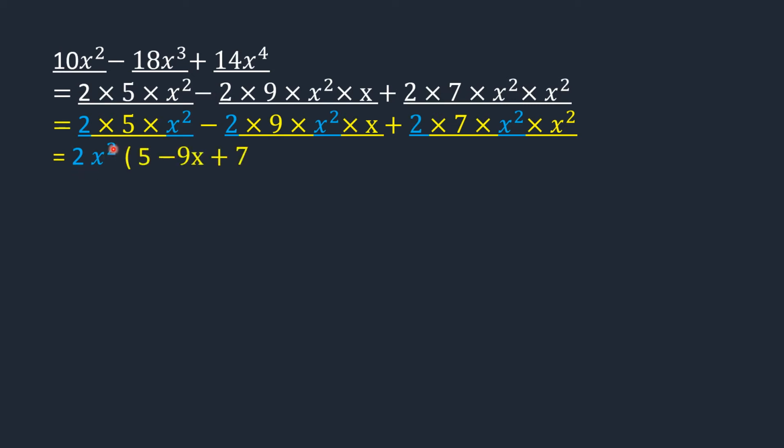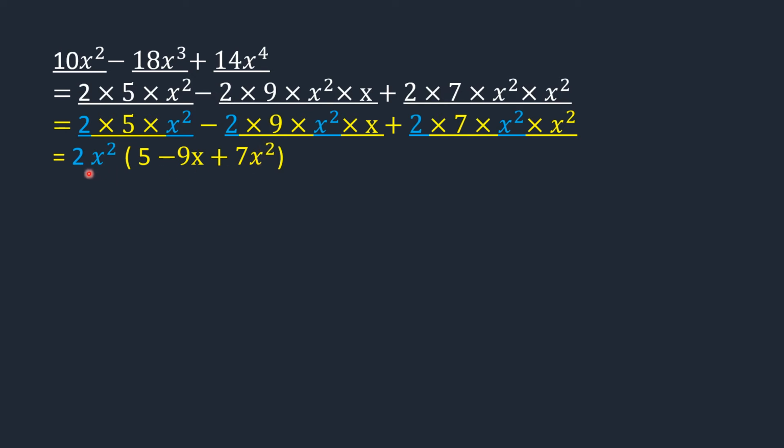So 2x squared, and what remains, that we will write in the bracket. So from the first term 5 is left, from the second term minus 9x is left, and from the third term plus 7x squared is left.